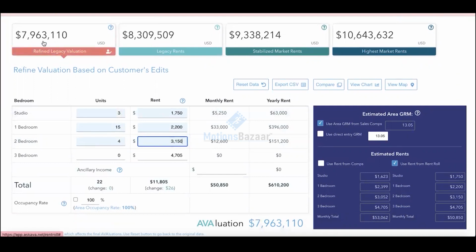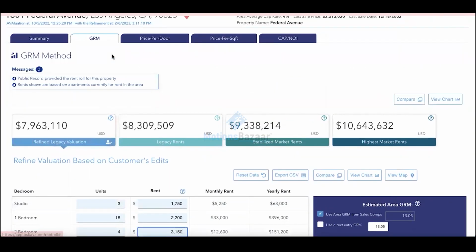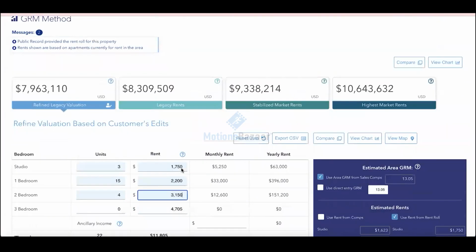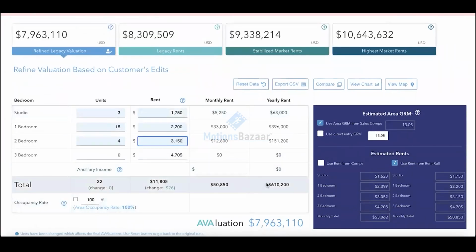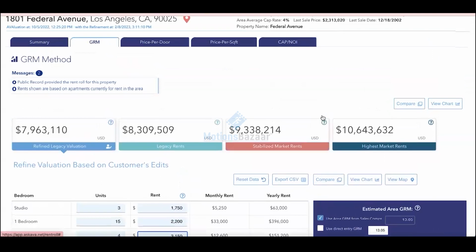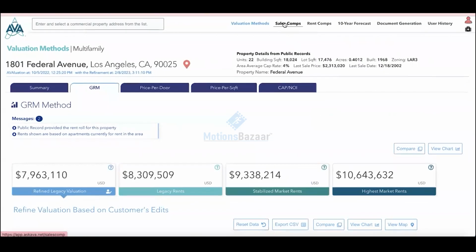Now, what's interesting here is that using the gross rent multiplier methodology, we start with income, right? And so that's the total income. I also have the ability now to look at the average area gross rent multiplier factors. So we're saying it's a 13.05. But from here, I can immediately go, and this is where you can't do this with Zillow.